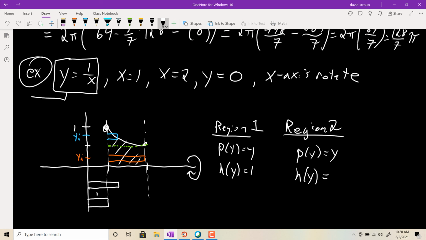We need it in terms of y though, so we can multiply both sides by x and then divide both sides by y. Yeah, x is 1 over y. So the first rectangle is 1 over y, and then we're subtracting away the height of 1, and that should give us the formula for the height of the blue rectangles.